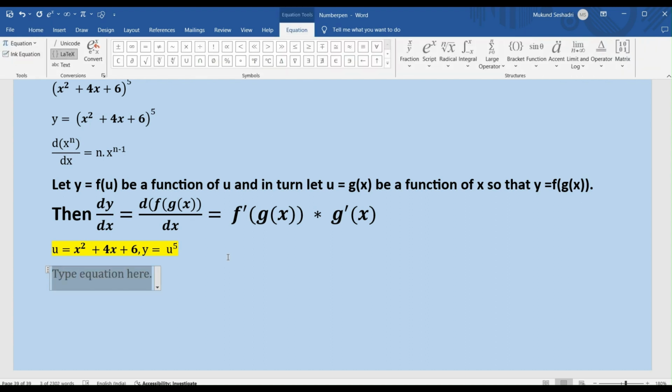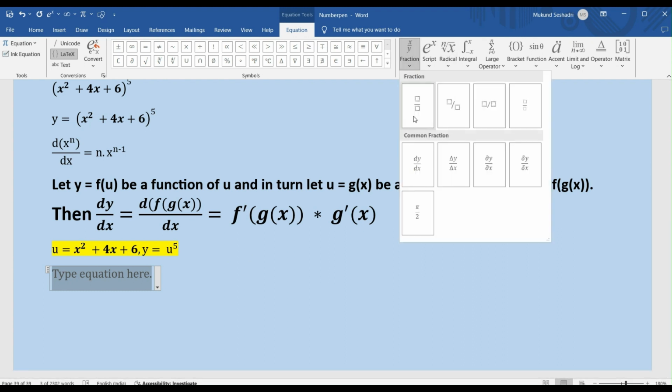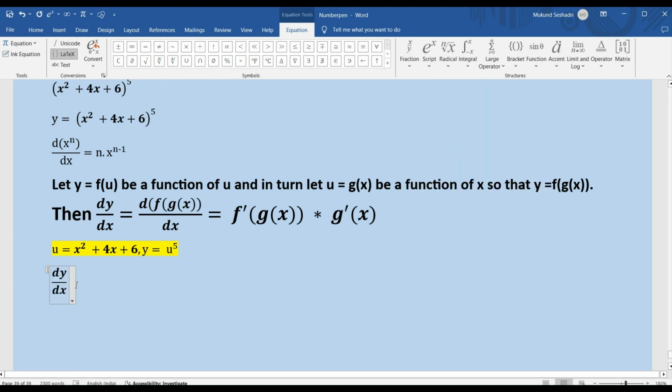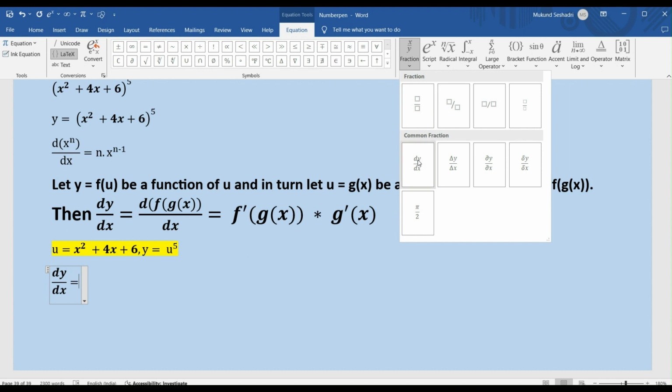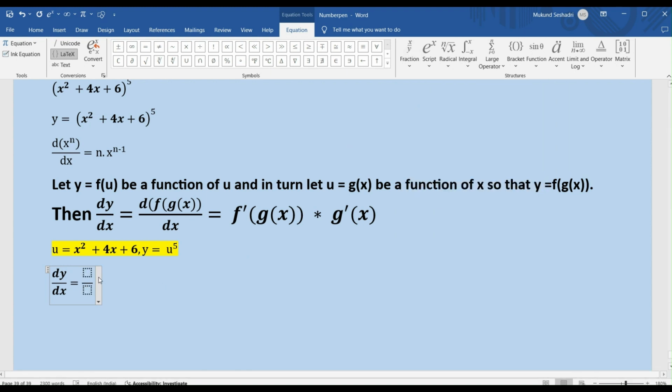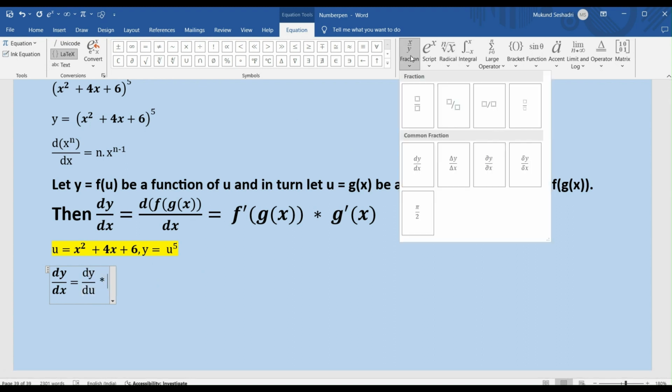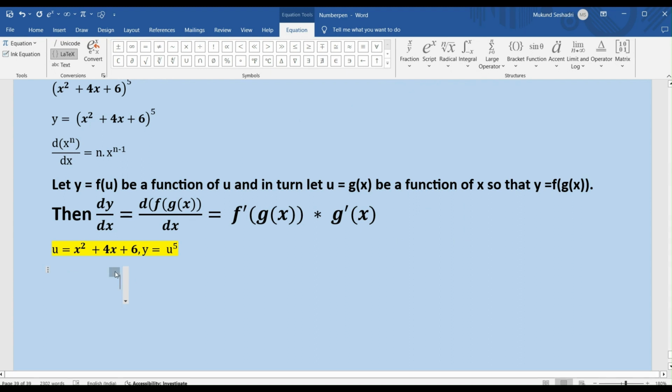We have to find d by dx of y, and I can also write this as, watch this closely, folks, dy by du into du by dx. This does not change my dy by dx.